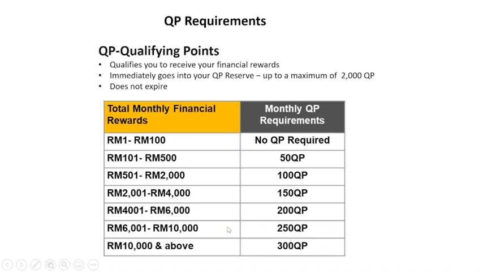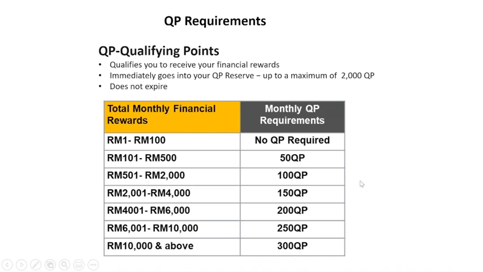If your reward is around 7,000 or 8,000, you do not know, sometimes in the last few days the volume could shoot up. So if you want to be safe, make sure you have at least 300 QP every month. If your reward is almost 10,000, 300 is the maximum. My advice is to have 300 every month, just to secure you.